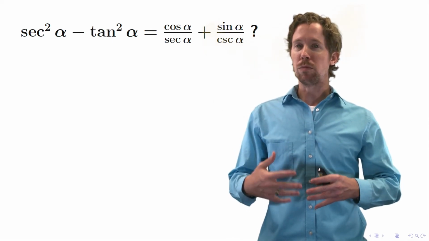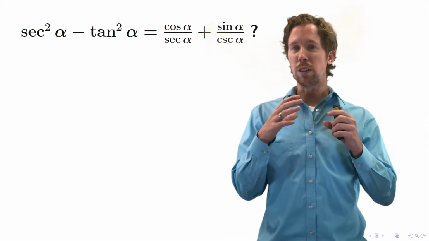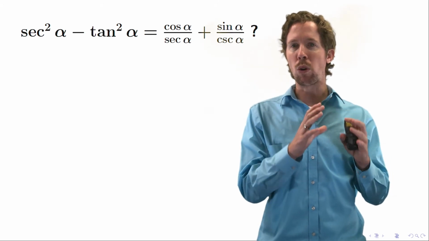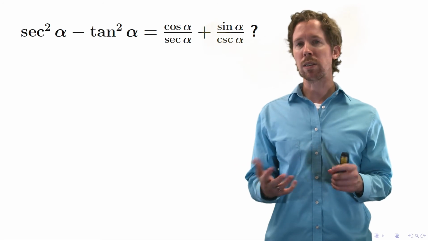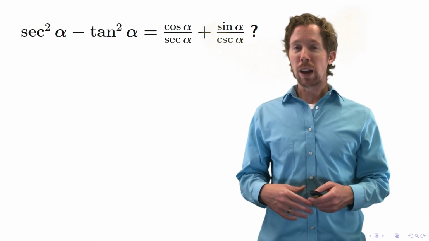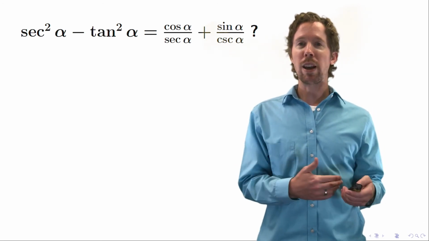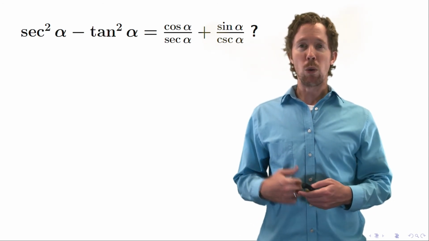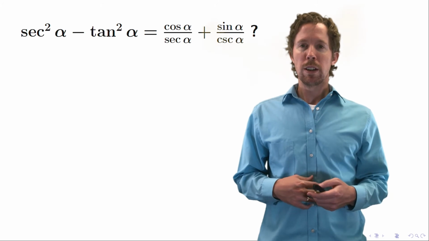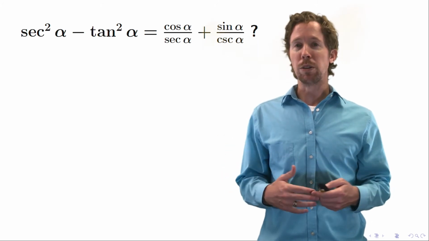And then what you should do is usually you want to start with the more complicated side of the equation. So in this example, I'll start with the right-hand side of the equation. And then you want to show that that right-hand side is actually equal to the left-hand side. So that's what I will try to do here. Let's see how it goes.